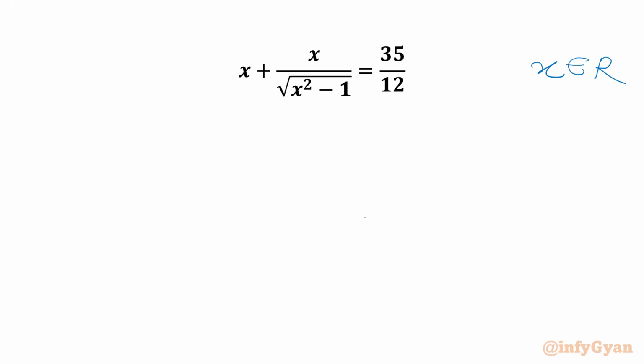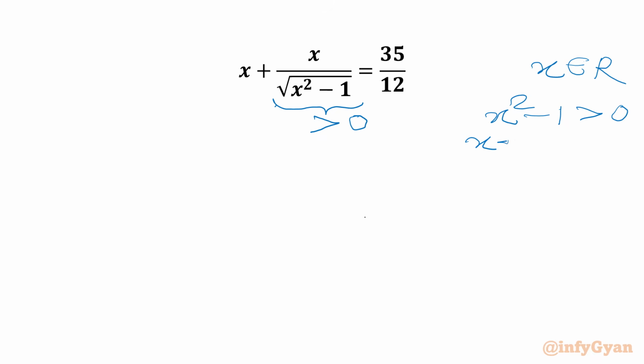Now we'll talk about the domain of the equation. A square root must be non-negative, but the denominator cannot be 0. So the square root of x square minus 1 should be greater than 0. In terms of the radicand, x square minus 1 should also be a positive quantity.